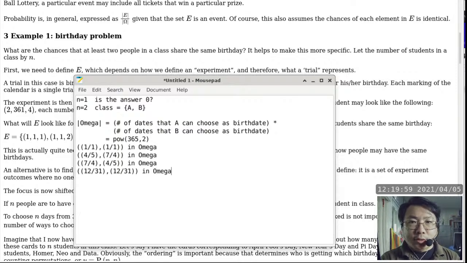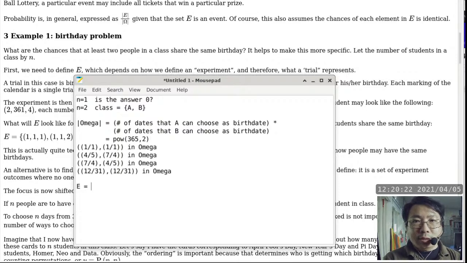So all of these are elements in omega using a fairly standardized way of representing a date in the year. All right, so do we have any questions about all of this stuff here? Okay, no questions.